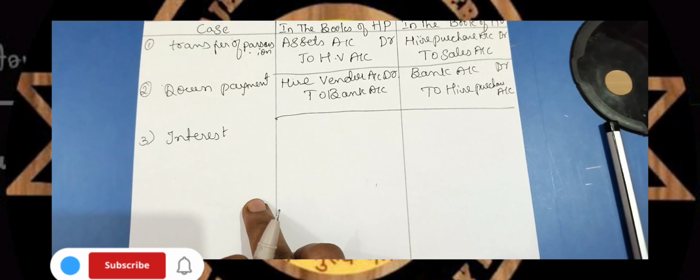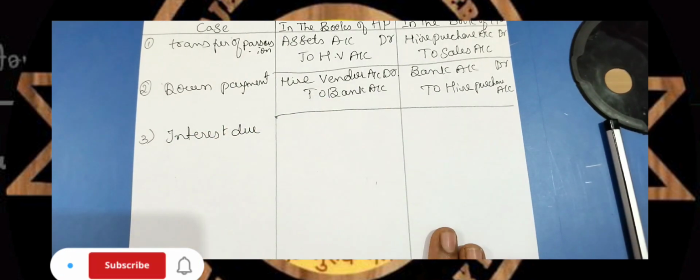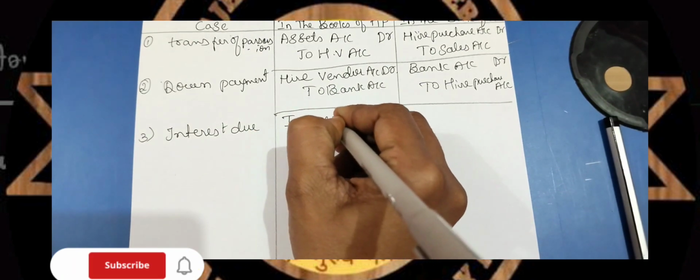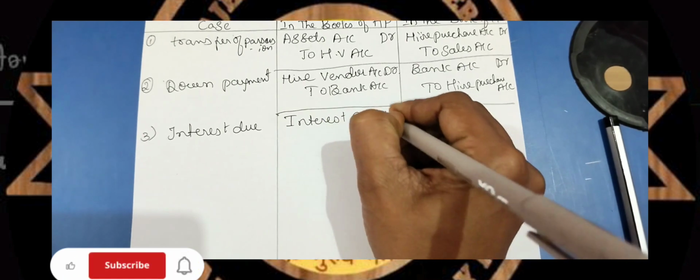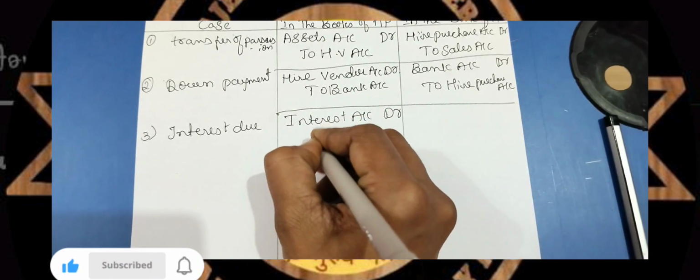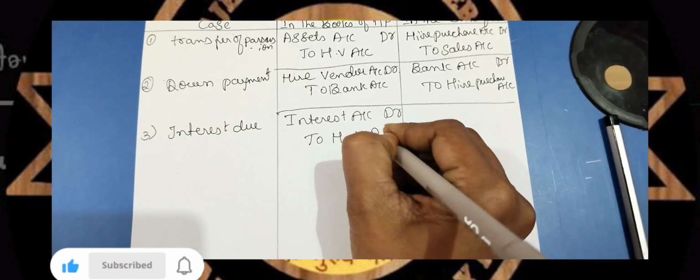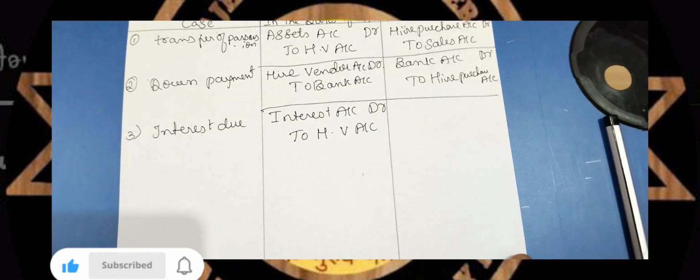So first we will make the interest due entry. Interest account we are debiting because expenses we need to debit. Interest account debtor to whom we are paying interest: hire vendor account, we are crediting.